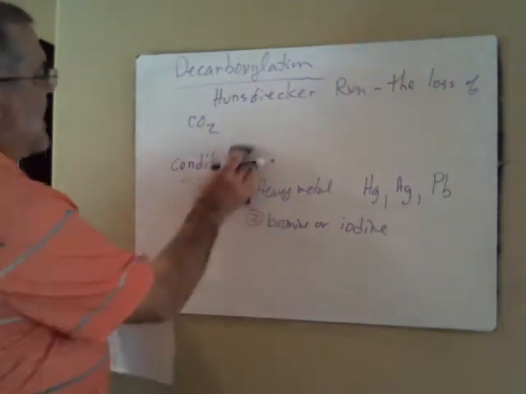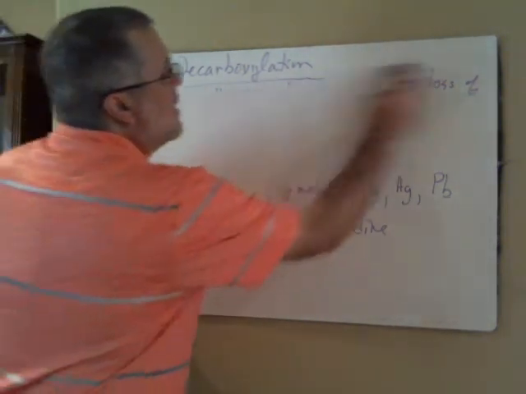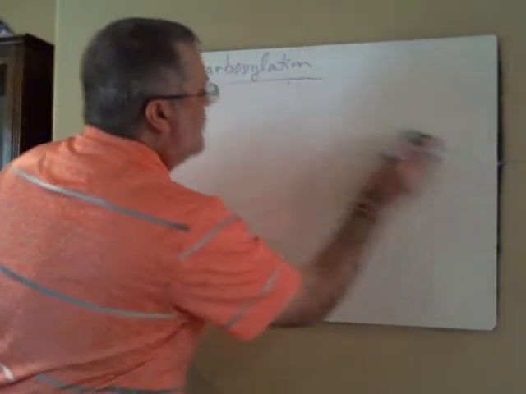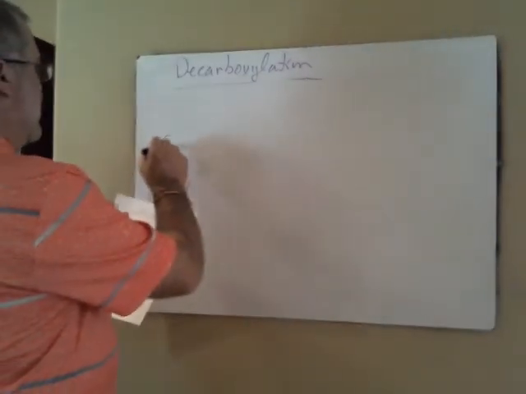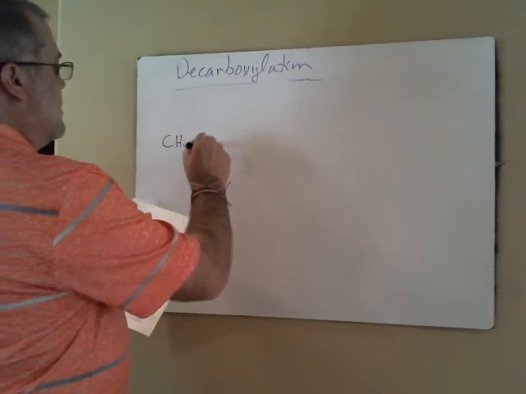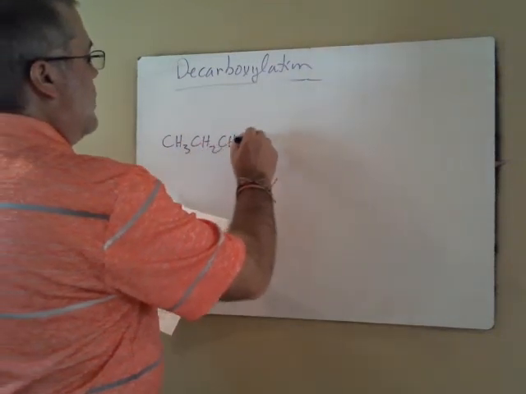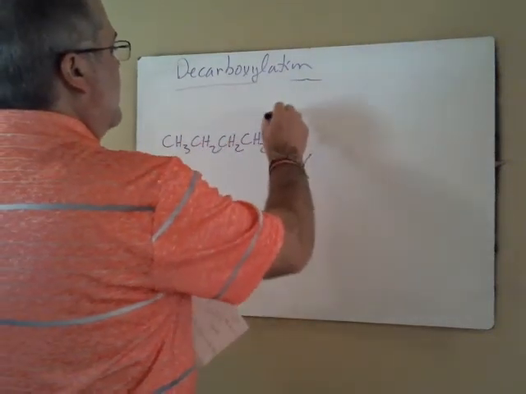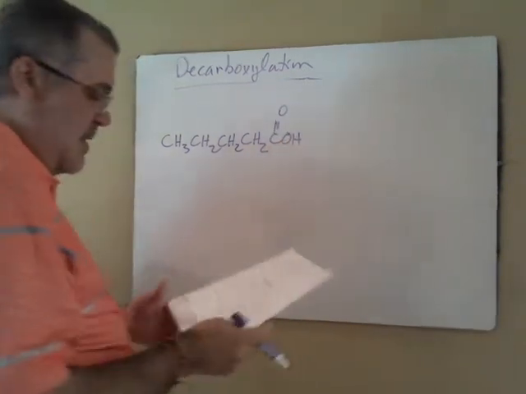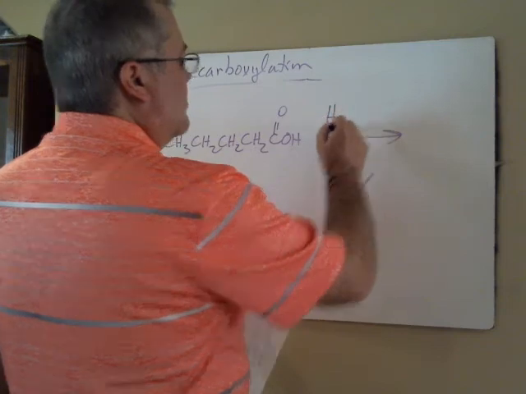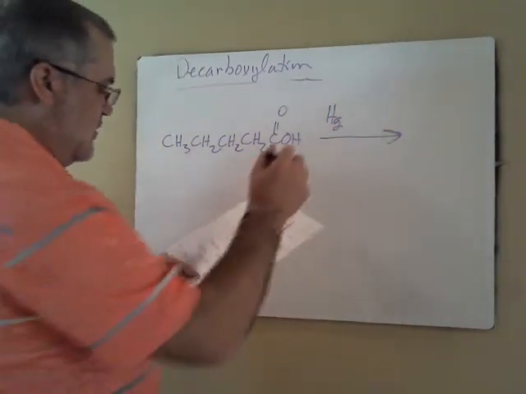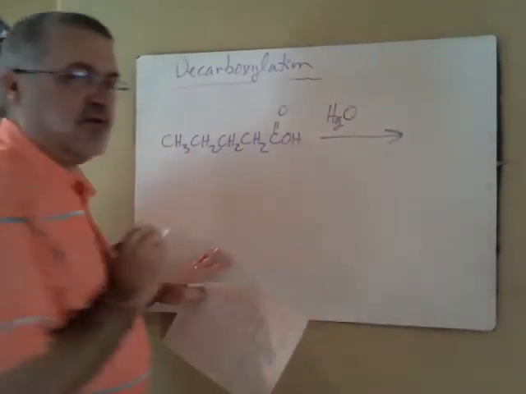So what would the reaction look like, and what would you put on your flashcard to demonstrate these conditions? Well, let's look at an example. I'm going to put 4 carbons and then my carboxylic acid group. Okay, you're going to treat it with a heavy metal, and let's use mercury, and it's usually the oxide that you're using.